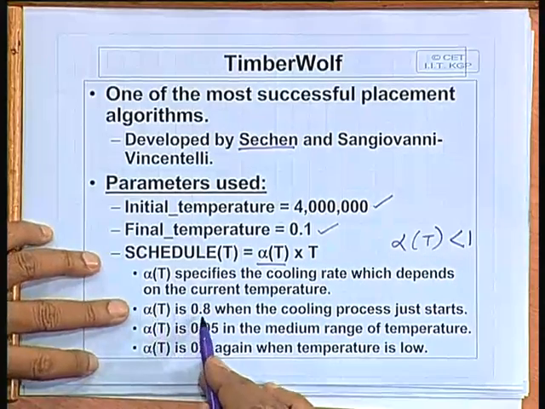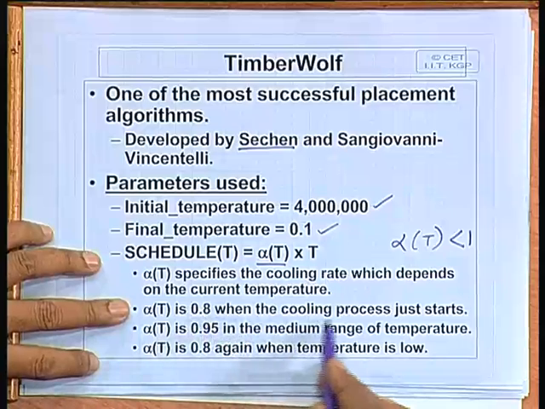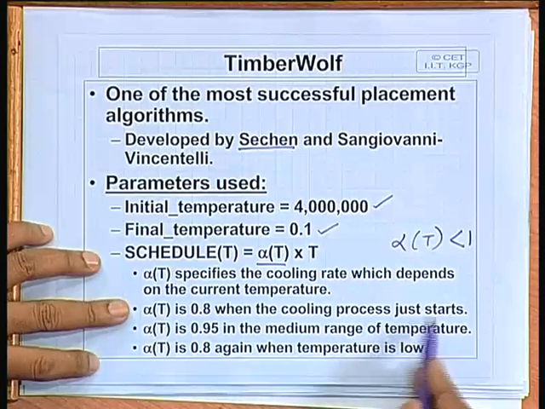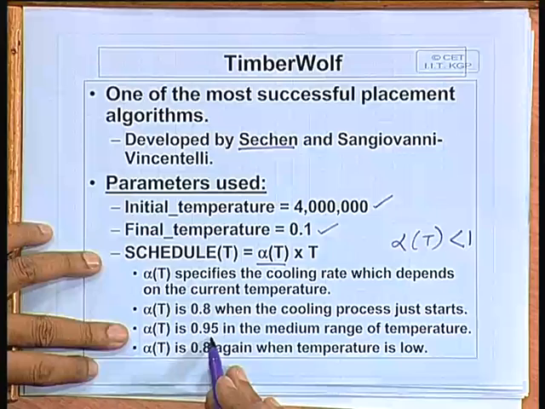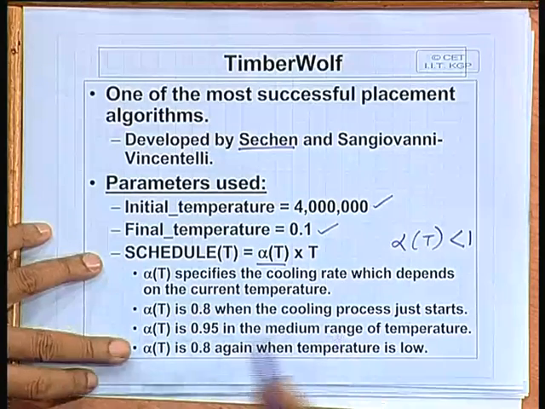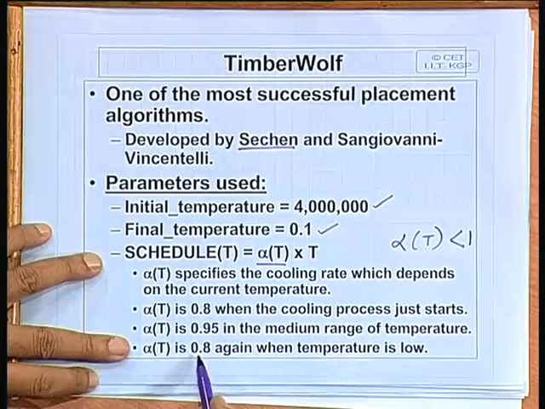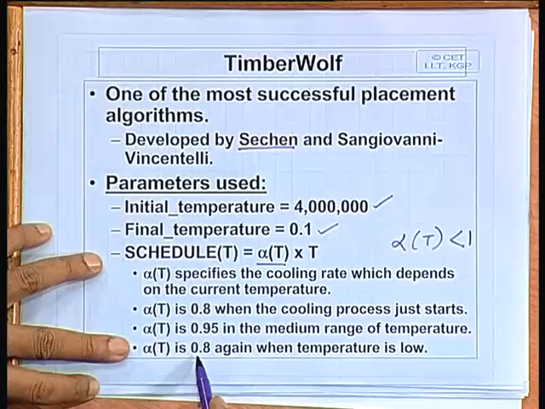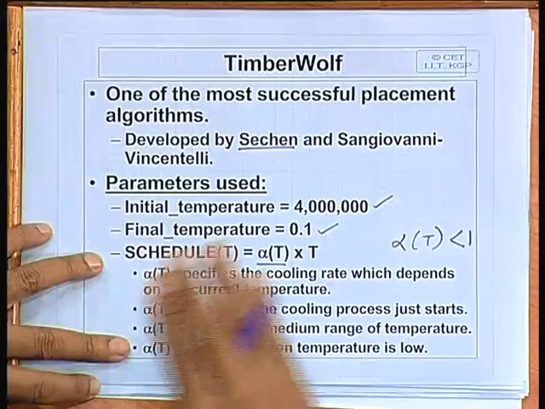Alpha t was taken to be 0.8 when the cooling process just starts. This alpha t was 0.95 in the medium range. Again towards the end it was brought back to 0.8. So, the way you are doing the cooling, there also you are making some adjustment. In terms of a plot, it looks something like this.